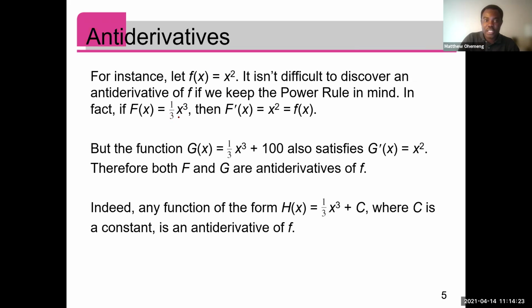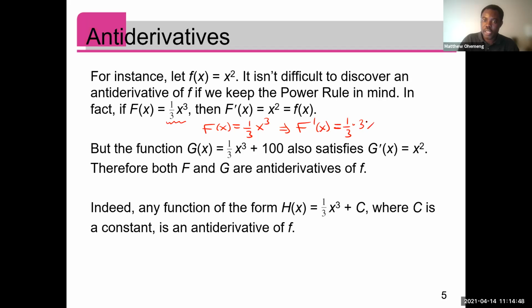Let's look at this function directly. If you look at 1 over 3 x cubed, then let's take the derivative. If f of x is equal to 1 over 3 x cubed, then f prime of x is equal to what? For this one, constant multiple rule: ignore the 1 over 3, and then differentiate x cubed by the power rule.